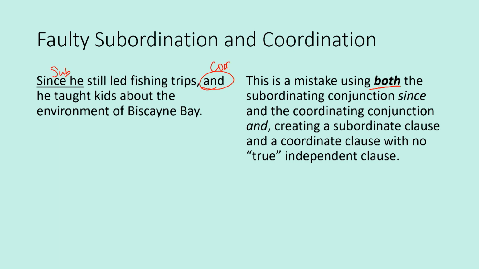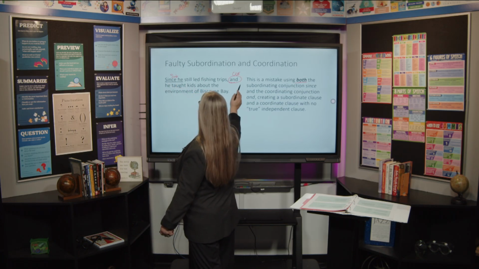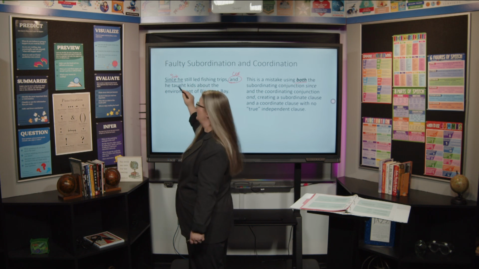So you can't use both because it's not a true independent clause. So how would you fix this one? You could take out either the since or the and. Let's see how we would fix that.